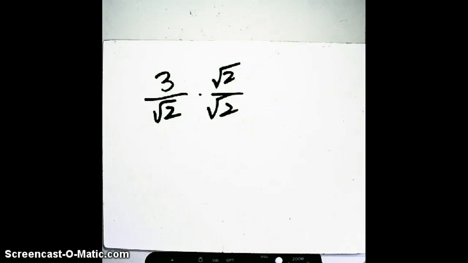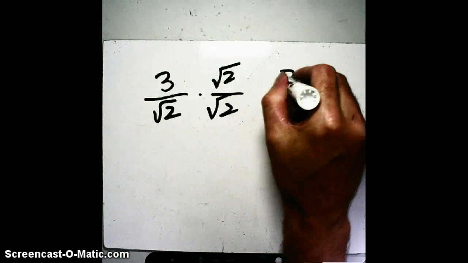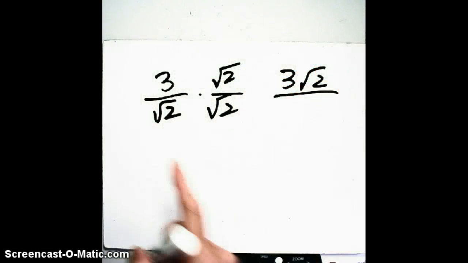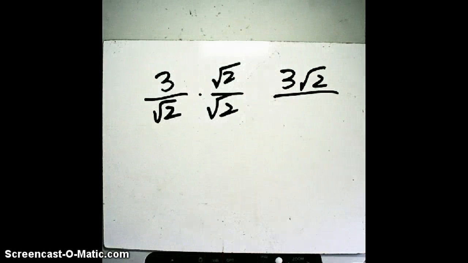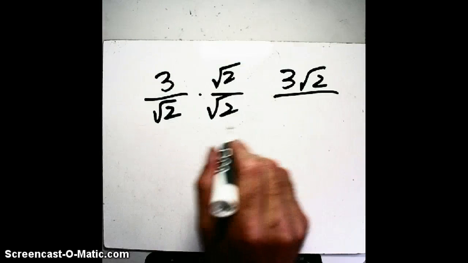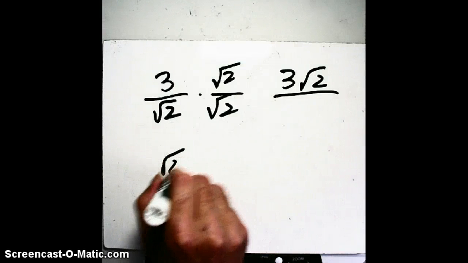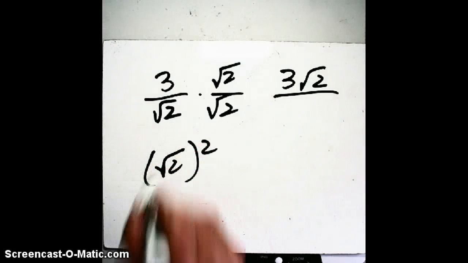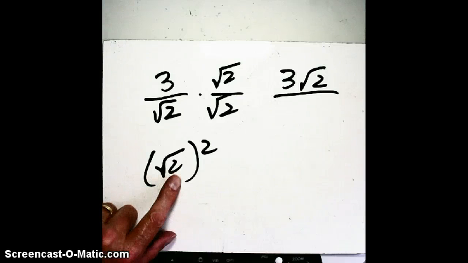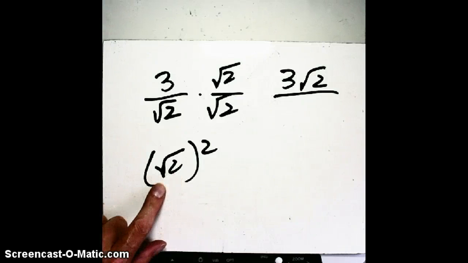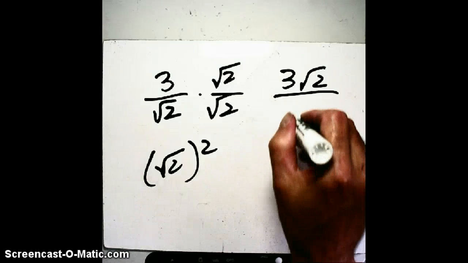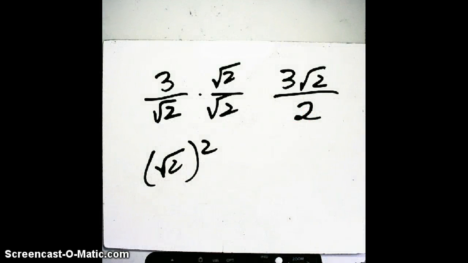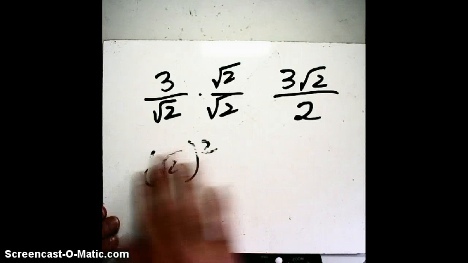Why, yes, it is. So the top's going to be 3 radical 2, and the bottom's going to be radical 2 times radical 2. What is radical 2 times radical 2? Well, it's radical 4, which is 2, or it's radical 2 squared. Aren't I doing opposite operations, taking the square root, then square? That's exactly right, so that's just 2. What's my answer? 3 radical 2 over 2.